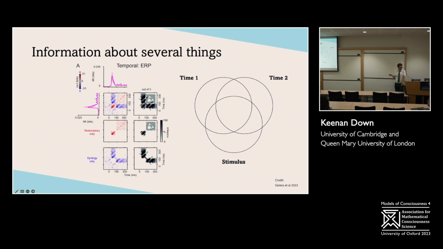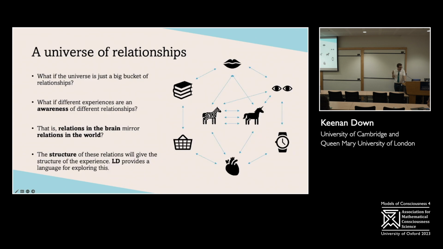So a philosophical note, and then I'll finish. I've been told to make this a bit more open for discussion and how we can think about this. What if the universe is just a big old bucket of relations? What if it's all made out of relationships and information about separating things and making distinctions between things? And maybe an experience is just suddenly an awareness of these different relationships. And you could think of this maybe as a relation in the brain, possibly an informational relation in the brain, structured in a clever way, mirroring relations in the world.